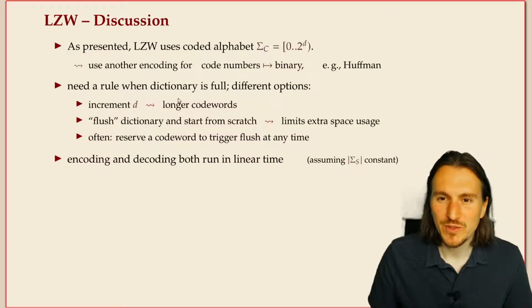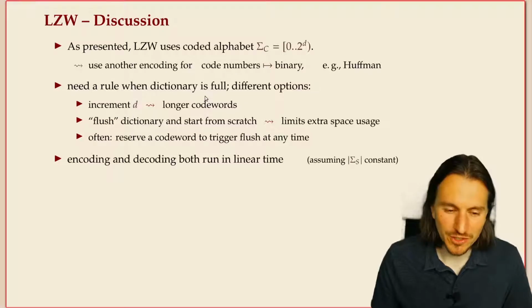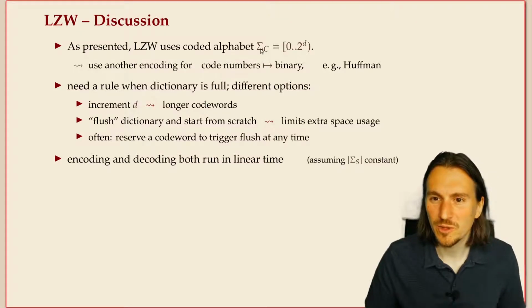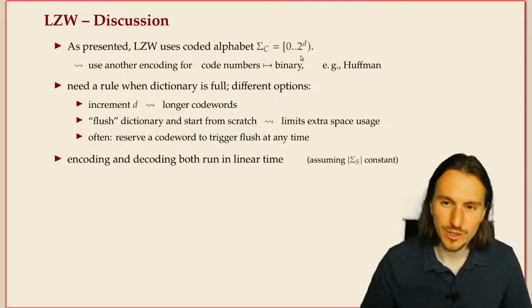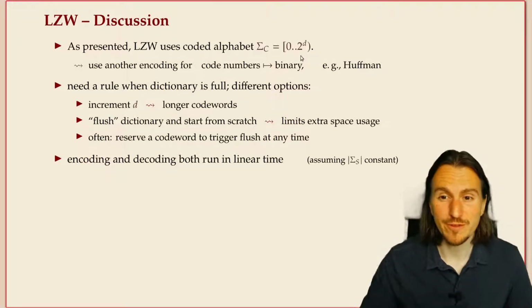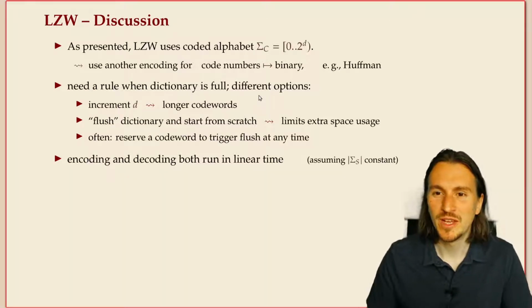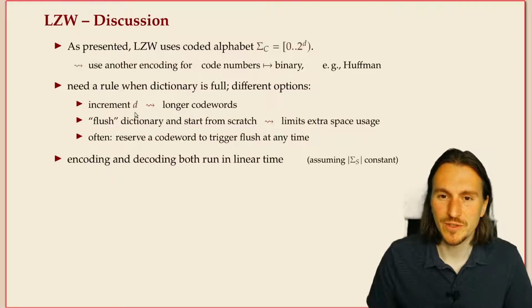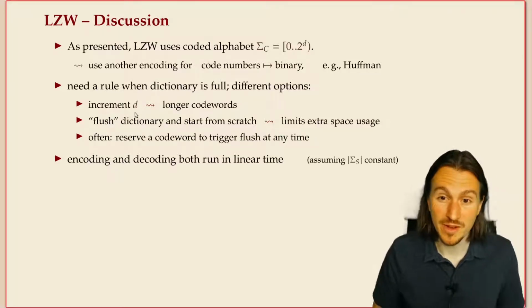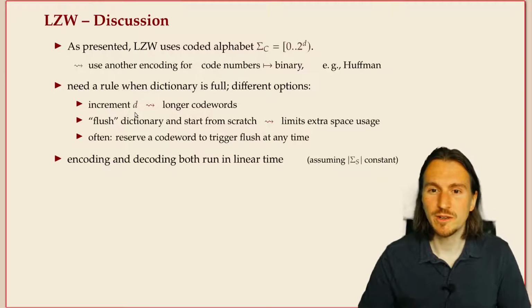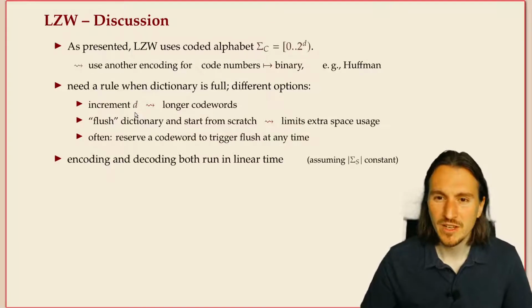What I didn't talk about so far is what we do if the dictionary is full. I said we use a fixed length for the code words, but we also add another phrase each time we encode one phrase. So we have to do something. Eventually the dictionary will be full, and then we have different options. We can decide to double the size of the dictionary, make d one bigger.